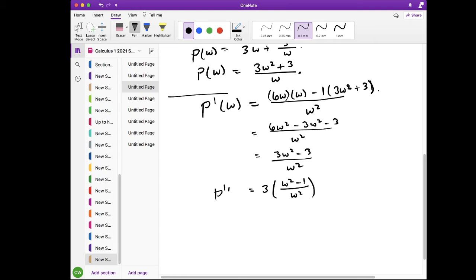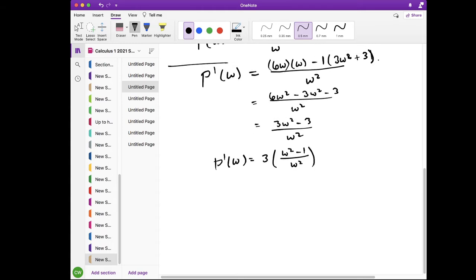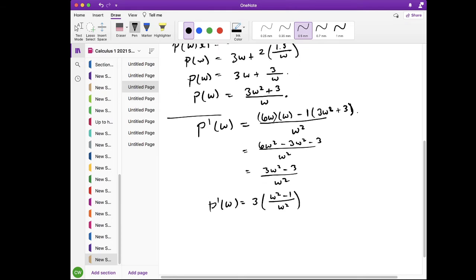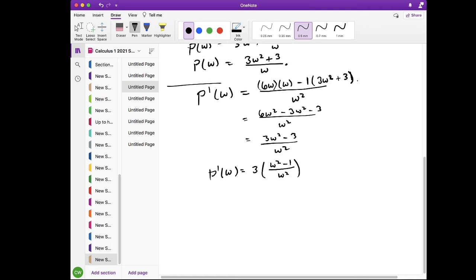Okay, what do you do with this derivative? I'll say it for you. Set it equal to 0. But someone else tell me which W I like. Which W is the one I care about?